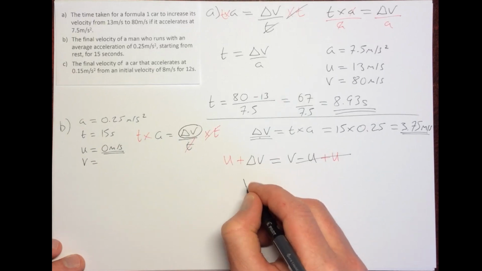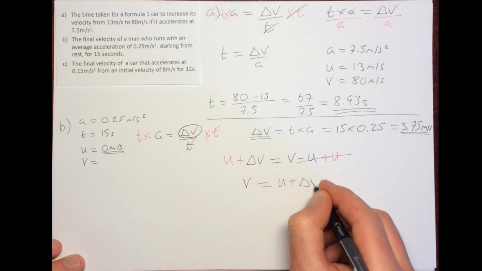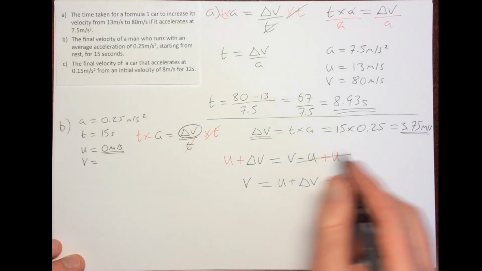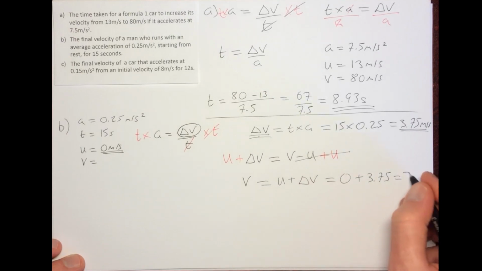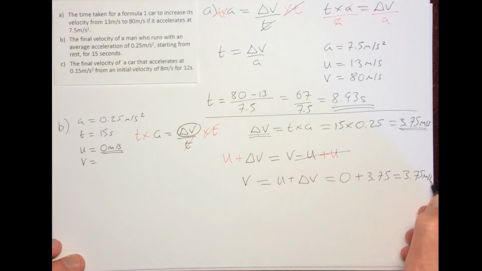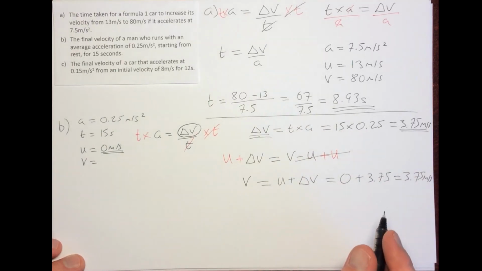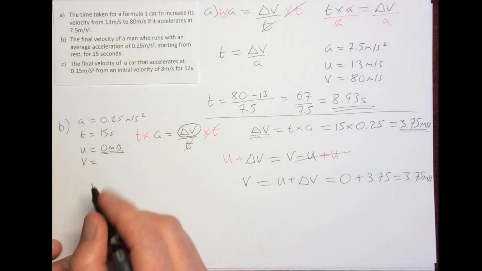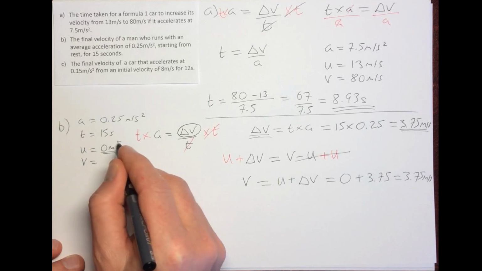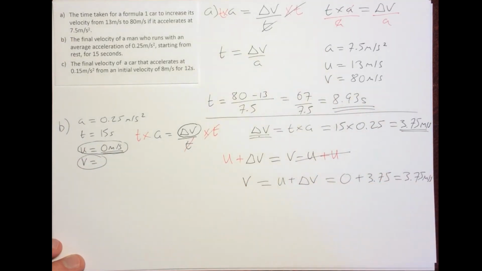So again we can flip that around. v equals u plus delta v. So v equals u, which was 0, plus delta v, which is 3.75. So v is 3.75 meters per second. There we go. And that makes sense, doesn't it? Hopefully it makes sense anyway, because the change in velocity is the change from the starting velocity to the final velocity. And if you're starting at 0 and the velocity is changing by 3.75, then your final velocity must be 3.75.